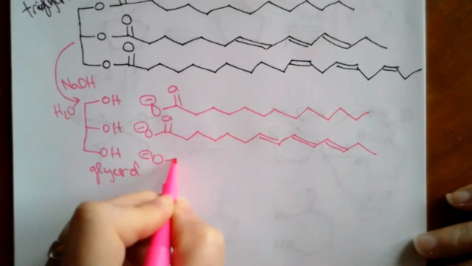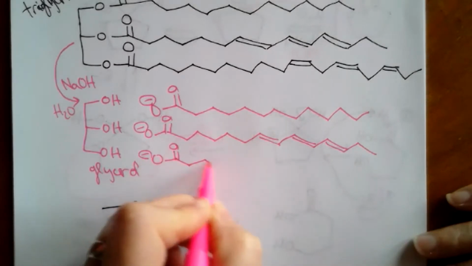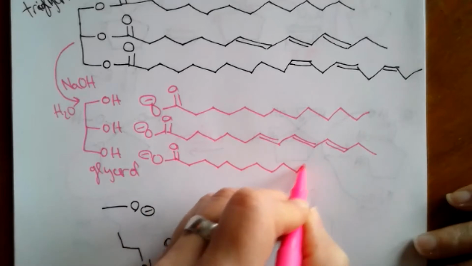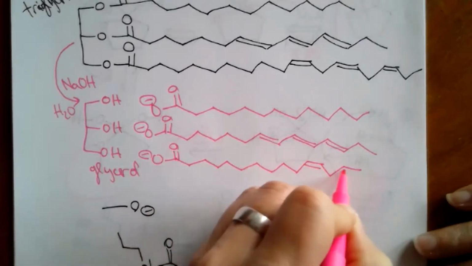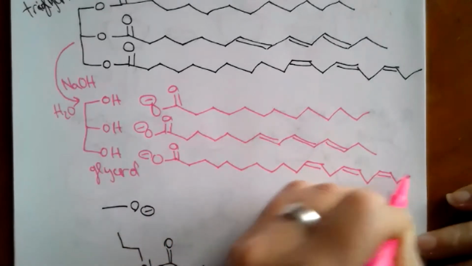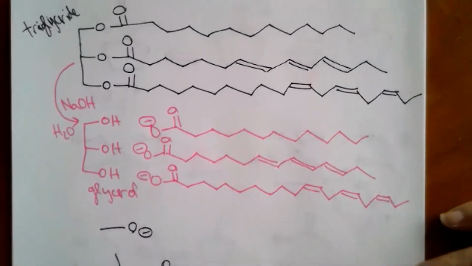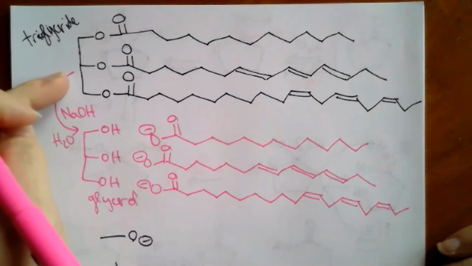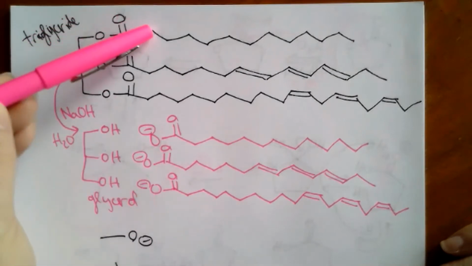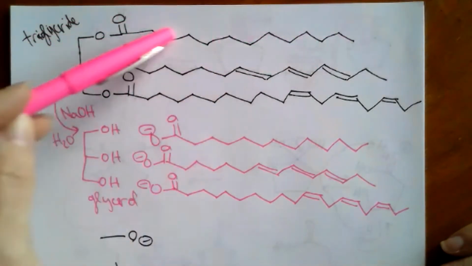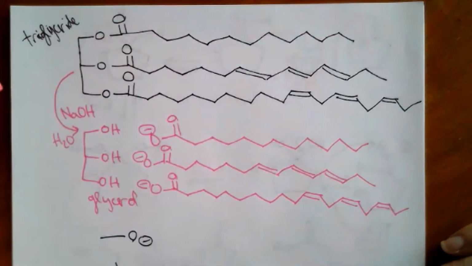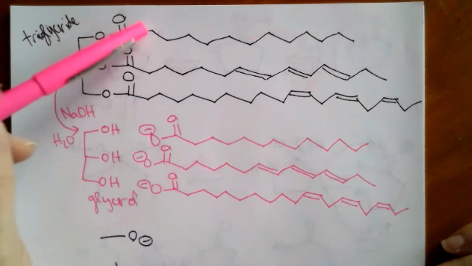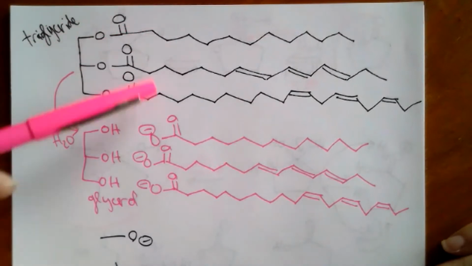So the composition of a triglyceride determines whether the triglyceride is a fat that's solid at room temperature or an oil at room temperature. If you have all saturated chains, you will have a saturated fatty acid. All saturated chains are likely to be solid at room temperature.